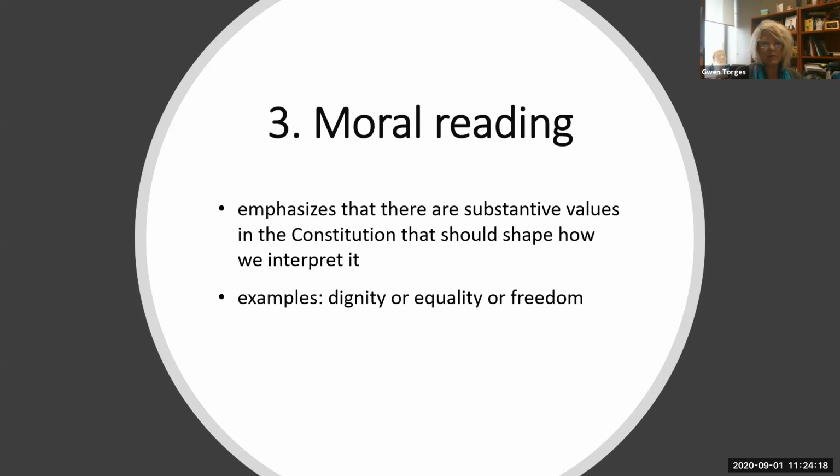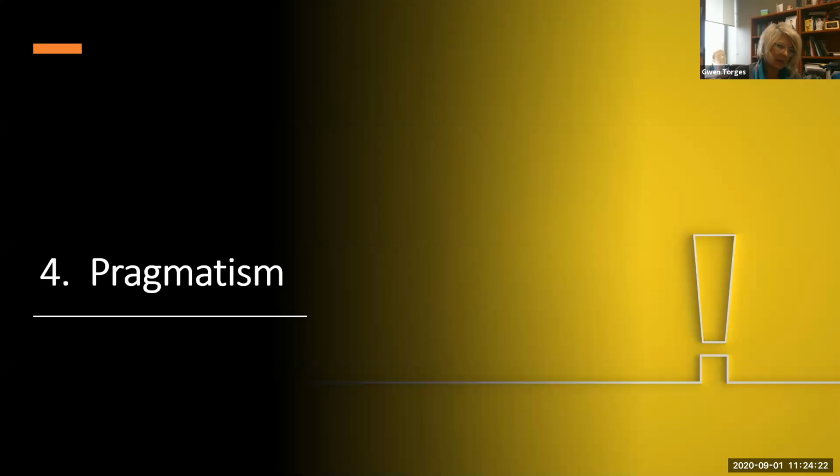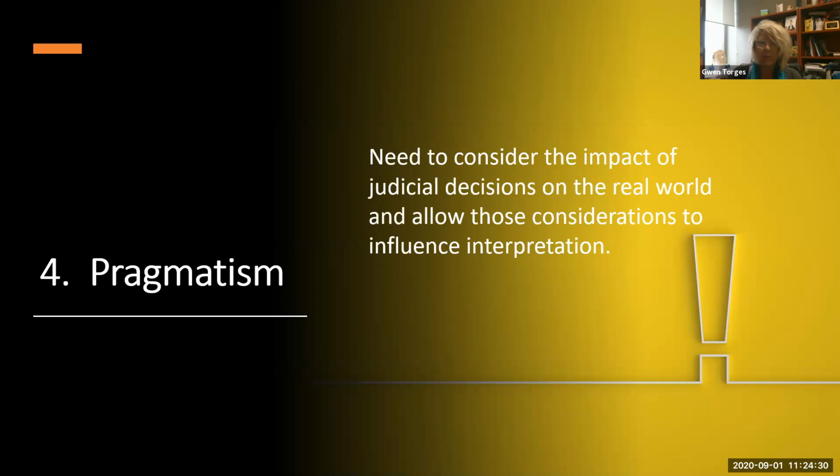And then the final one that your author talks about is something he calls pragmatism. Sometimes other authors will call this a prudential reading of the Constitution. But what it refers to is, it says, look, all of these other theories that you've talked about, you're only looking either to the past or you're looking internally.